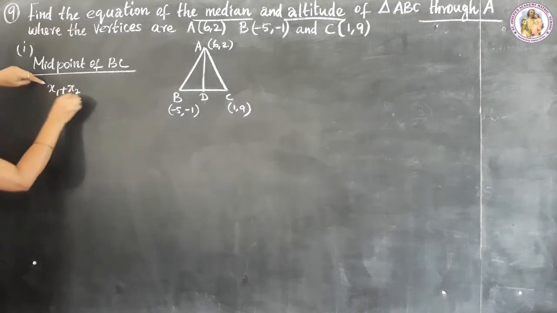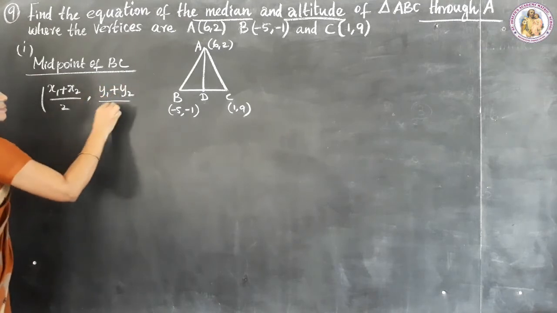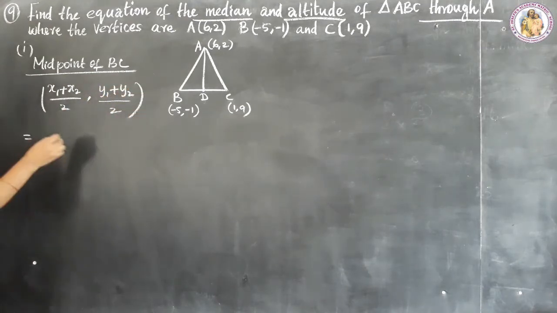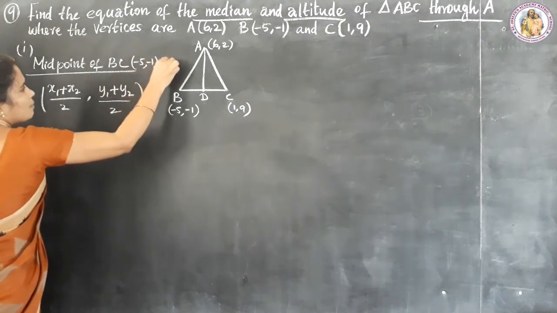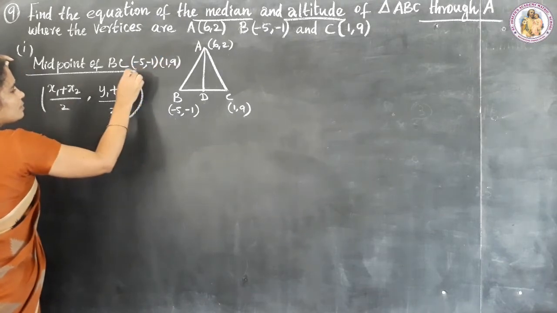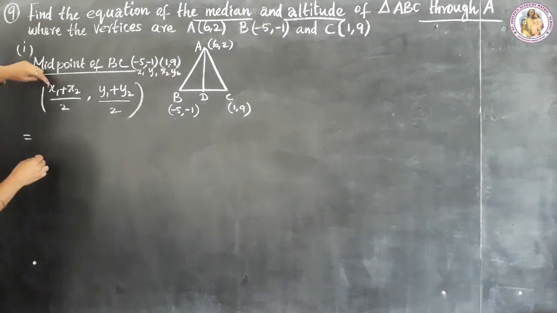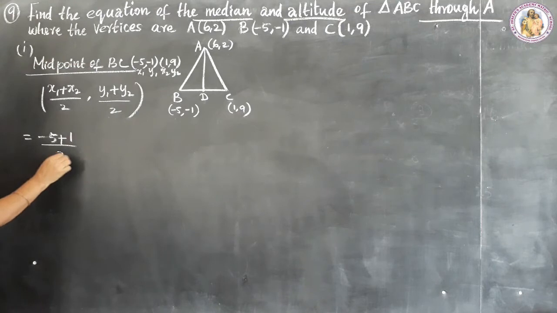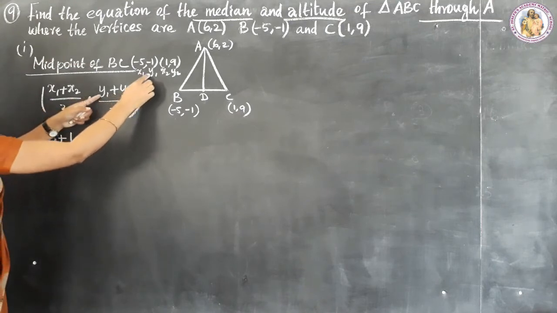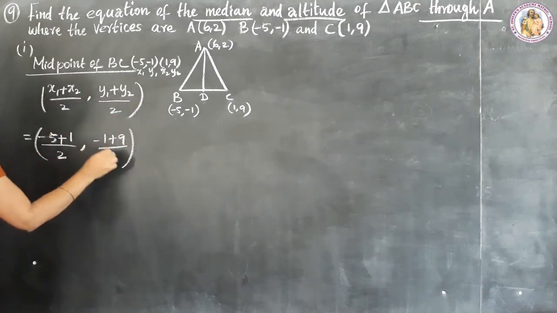Midpoint of BC: (x1 plus x2) by 2 and (y1 plus y2) by 2. Now the points are (-5, -1) and (1, 9), so x1, y1, x2, y2. Now (-5 plus 1) divided by 2, (-1 plus 9) divided by 2.